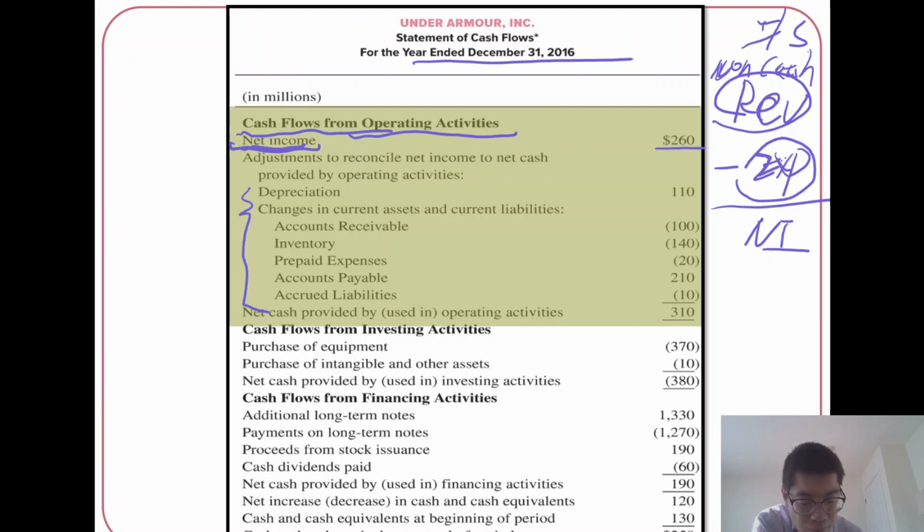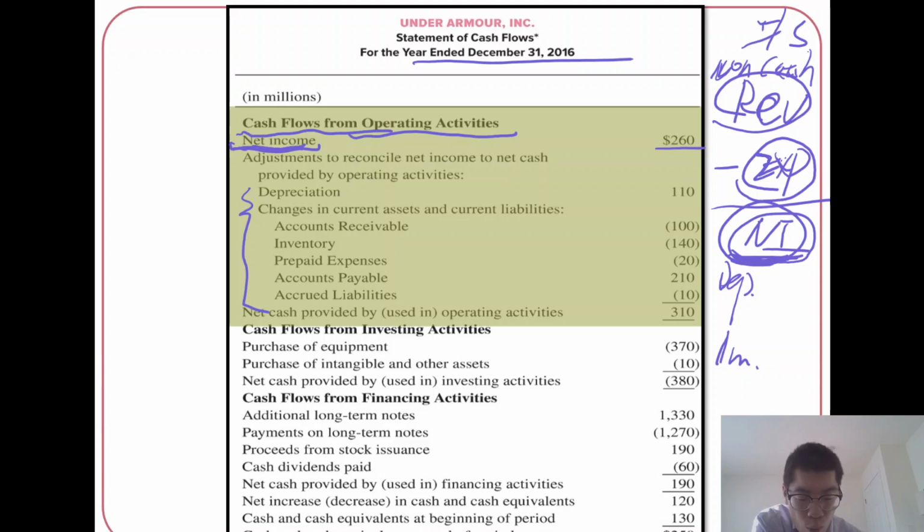And some expenses are also non-cash expenses, for example depreciation, amortization, and some other things. So then we arrive at this net income, which has a non-cash portion and a cash portion, right?